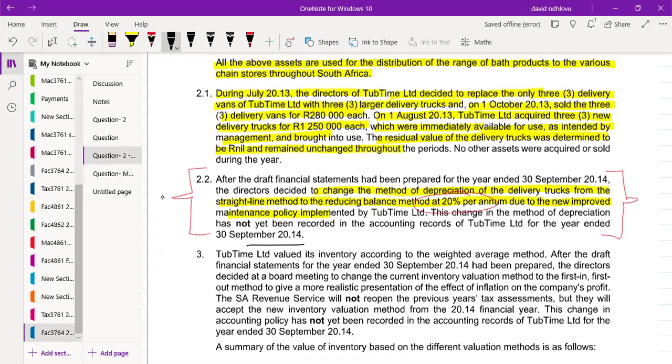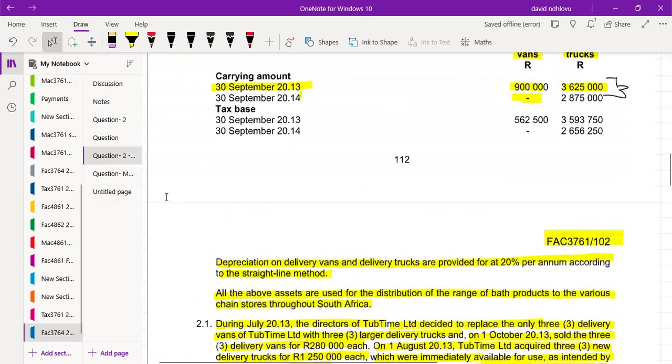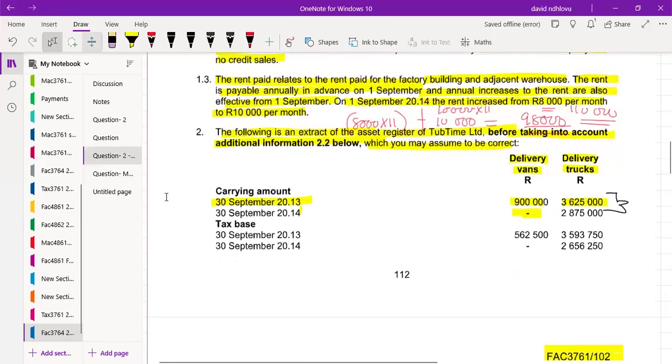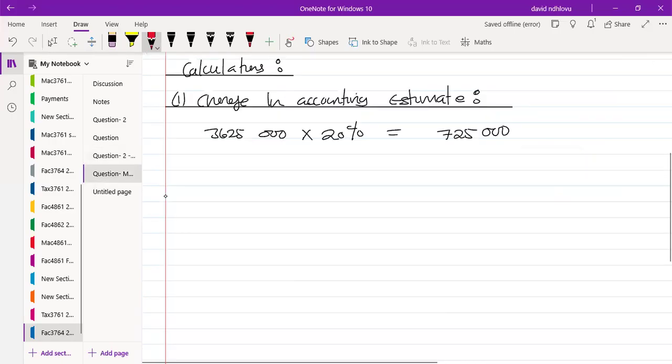Right, the question is, what was the policy before and what amount did it give us in terms of depreciation? Remember we've got the carrying amount of the current year, and of the previous year. In terms of this vehicle, the difference between the two, that's depreciation.